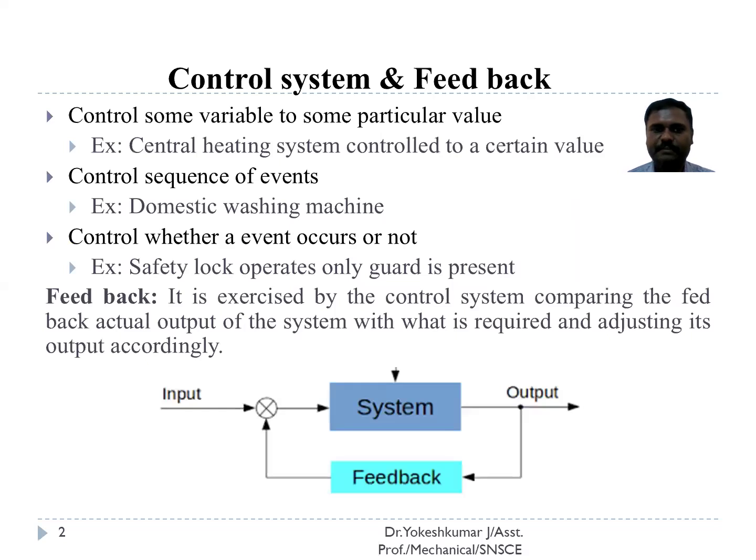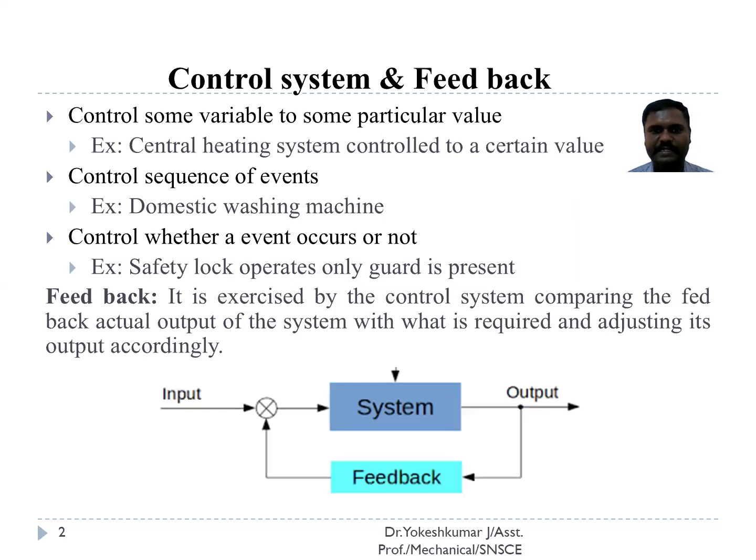Then the second example, a domestic washing machine. Here we are not going to control variables. Here we are going to control the events or the sequence of the events. Say, for example, water inlet. Then after water filling into the washing machine to a certain level, we have a washing cycle.